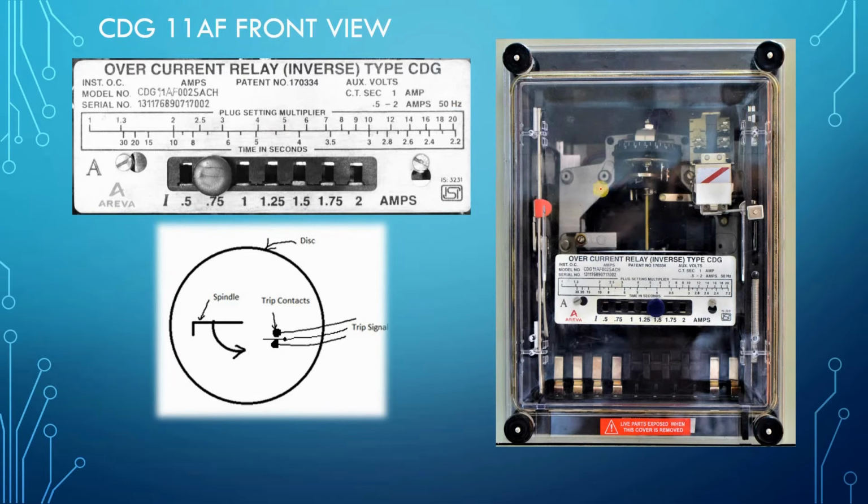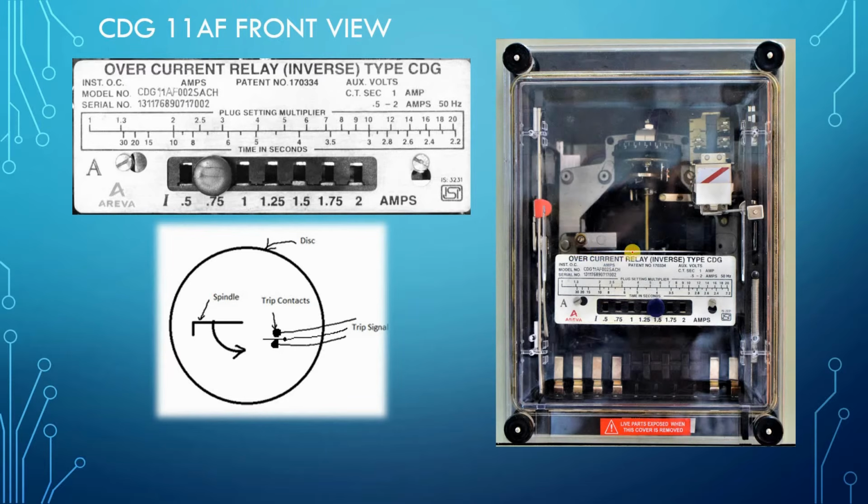Also I have told you that the relay operates on the disk. The disk moves, and the time taken by the disk to move from the normal point to the fault point depends not only on the current but also on the spindle position, nothing but the TSM, or time setting multiplier, or time multiplier setting, whatever you call it.